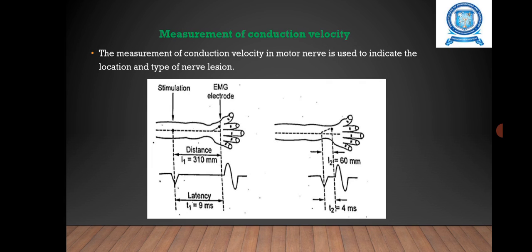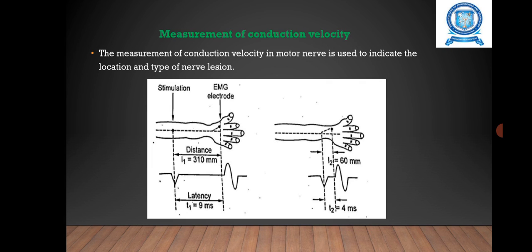Then the brief electric pulse is applied through the stimulating electrode, so the excitation reaches the muscle. All nerve fibers are stimulated at the same time and the conduction velocity is the same in all the nerve fibers. Then the action potential of the muscle is picked up by the EMG electrode and displayed on the oscilloscope along with the stimulating pulse.